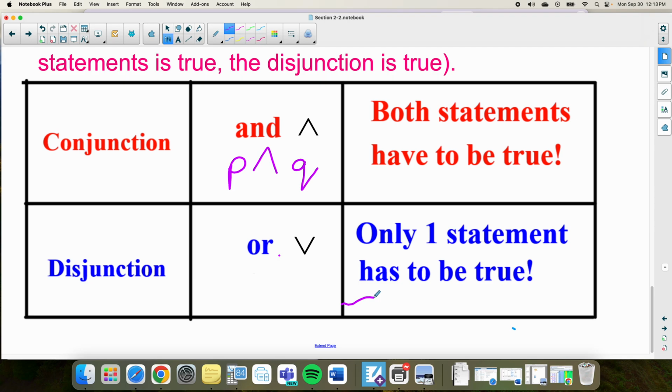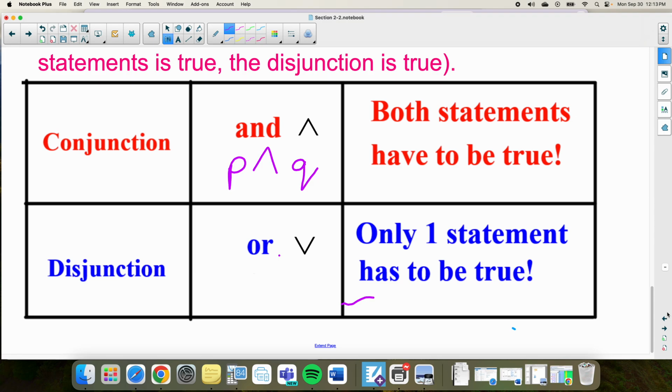For a conjunction, which is connected with and, both of those statements have to be true. Today is Monday, and tonight there is a home volleyball game, so that overall statement is true. If one of those were false, or if both were false, your overall statement would be false.